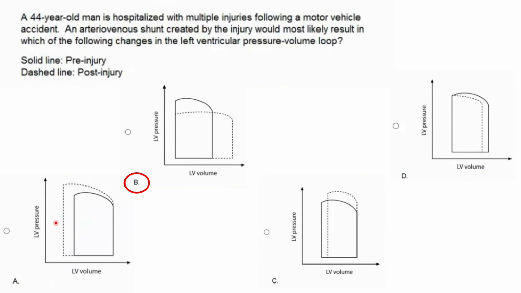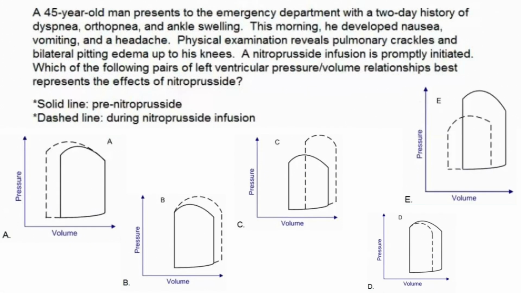This curve shows more stroke volume, it's just a change in width. This curve shows more afterload, and this curve shows less preload. This end diastolic volume is pushed this way.